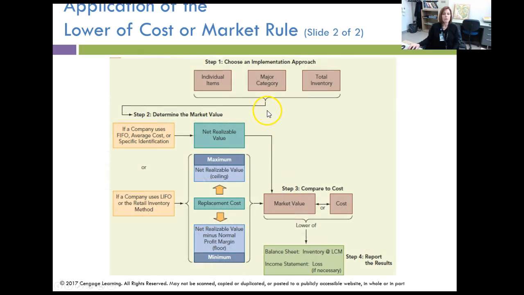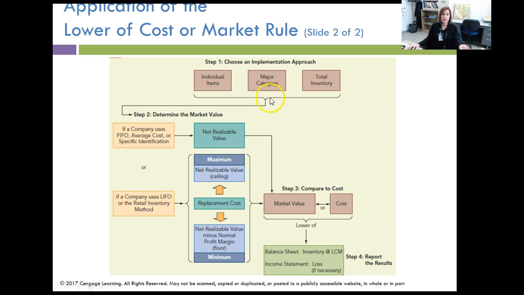And this is just a flow chart of the analysis that I just went through in those four steps. So first we decide how we're going to look at our inventory. Do we use individual items, major categories, or the whole inventory?